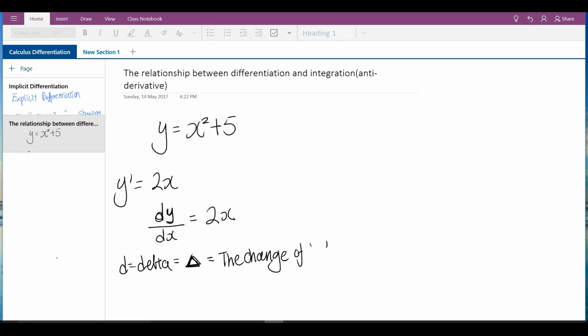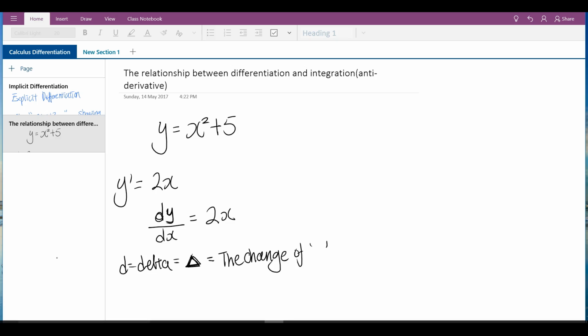So in this case, delta y means the change of y divided by the change of x. In mathematical terms, that would be the change of y with respect to the change of x. And that is what differentiation really is, right? Not just y dash, right? It's the change of y with respect to the change of x, right?